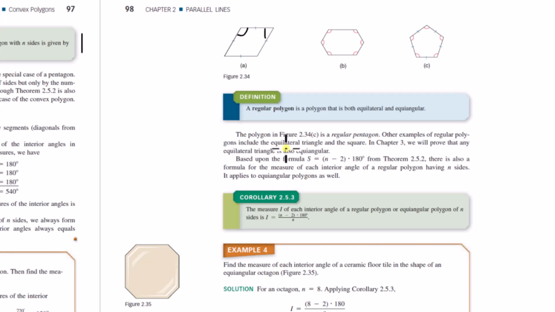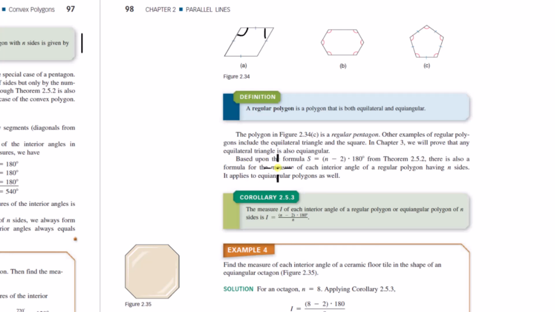They didn't mention equilateral and equiangular because if a triangle is equilateral, it must be equiangular, which means that since the angles sum to 180, it's going to have 60-degree angles. And the square, just by definition, is also going to be regular because the square has equal side lengths, but the sides are also perpendicular to each other, so it forces equiangular and equilateral by definition.